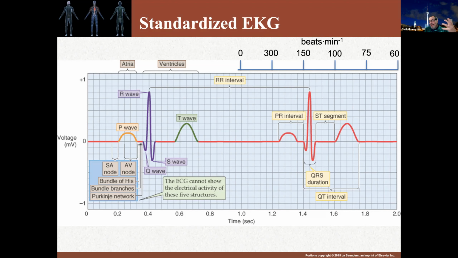If you don't have a P wave where you would expect there to be a P wave, then that means that this was not generated by the SA node. On the other hand, you might have a P wave and no QRS complex that follows it. And that would mean that you have some sort of an atrioventricular block in place.